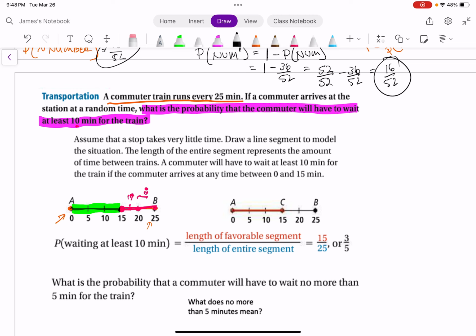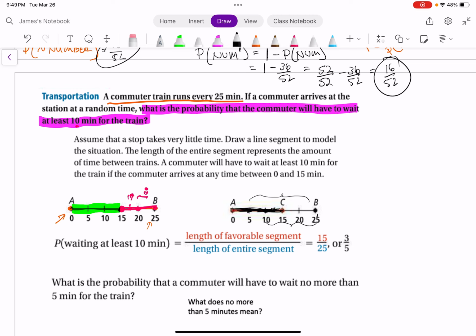If you show up at that point, you're going to have to wait 20 minutes. Is that at least 10? Yes, it is. At that point, I'm going to have to wait 15 minutes. Is that at least 10 minutes? Yes, it is. Any single point on this segment, when I arrive and compare it to 25, is going to be at least 10 minutes or more.